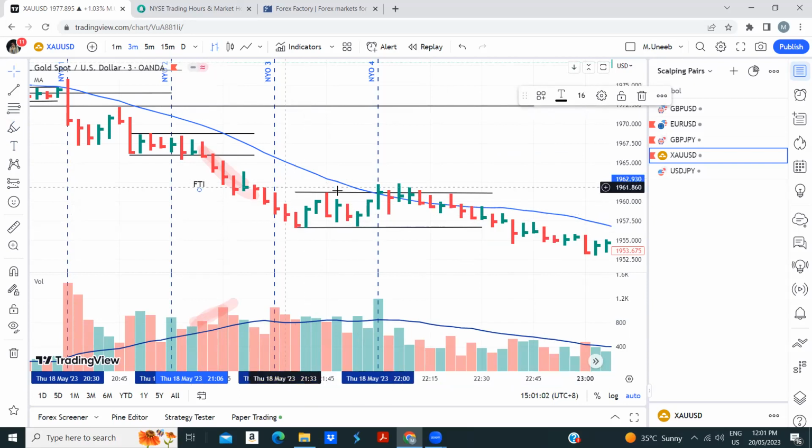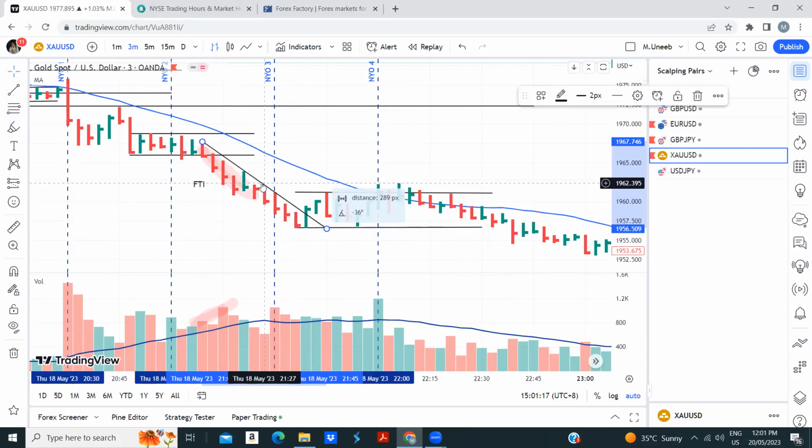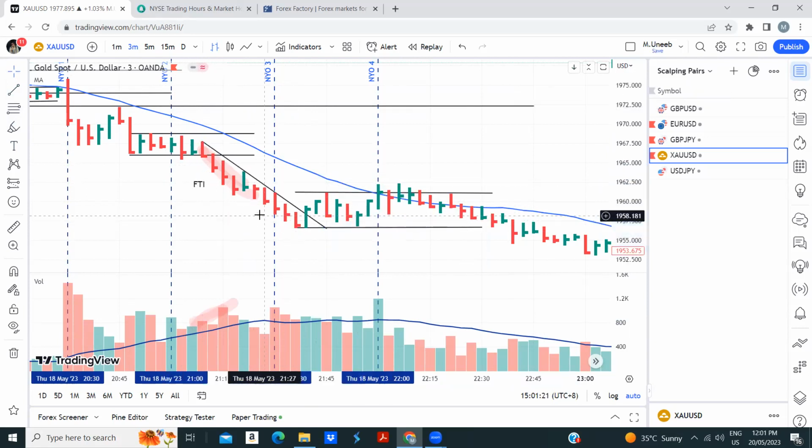So we have a redistribution range, this one, first high. We cannot look for an entry right over here; we should look after the NY open. Can we look for the entry right over here? No, we cannot. So no entry on NY open 3. Got it? And then we have NY open 4, which is right here.